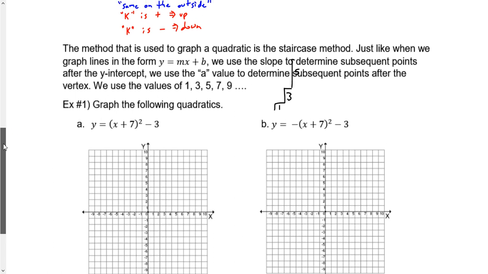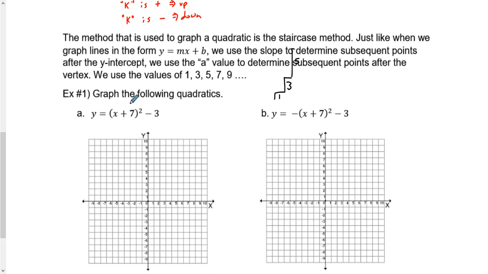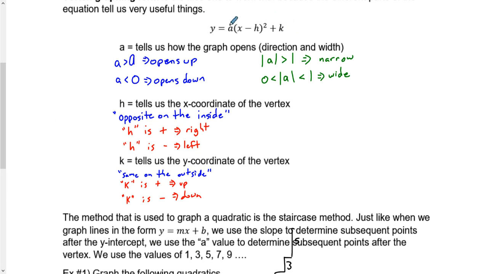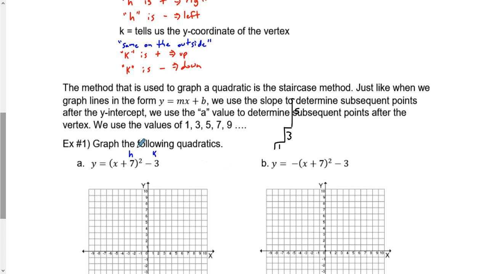we'll identify a few key aspects. First off, this is our h value, and this is our k value. Now you'll notice here that the actual form of it is a bracket x subtract h squared plus k. This one is not specifically in that form.